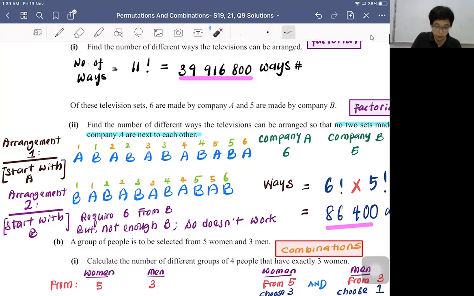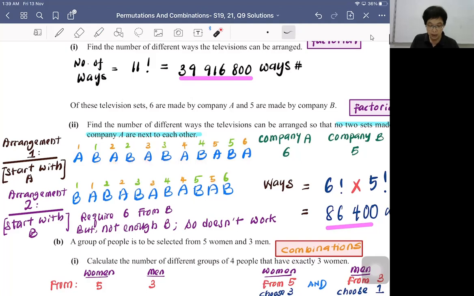Okay, if I were to propose the first arrangement, we start with a television from company A and alternate them to 11 televisions, 1, 2, 3, 4, 5, 6, 7, 8, 9, 10, 11, with the line starting with a company A television, alternately all the way.